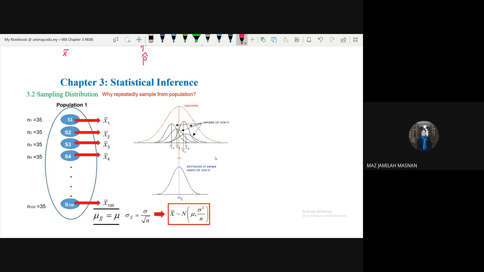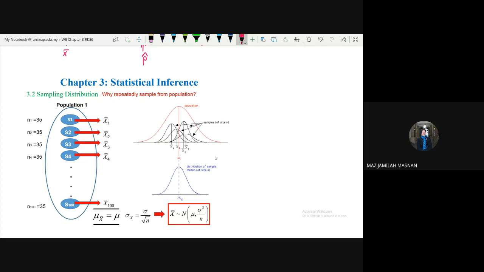But because sampling distribution is the basic knowledge of statistical inference, we feel that you need to understand what we mean by sampling distribution and what it has to do with statistical inference.